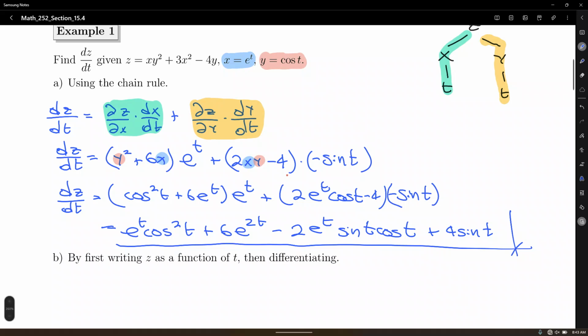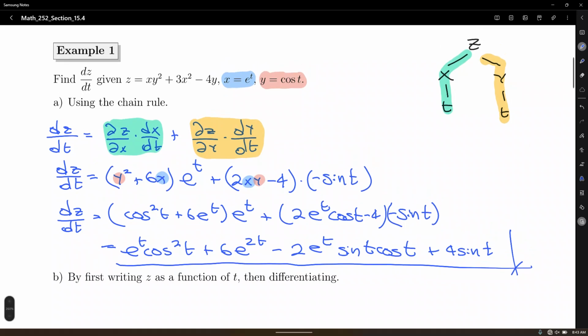That is following the diagram, which is important to see because that way it gives us an idea of how the function is changing with respect to all the variables, depending on how they are given or how they are represented. So this time, for part B, it's by writing z as a function of t and then differentiating.